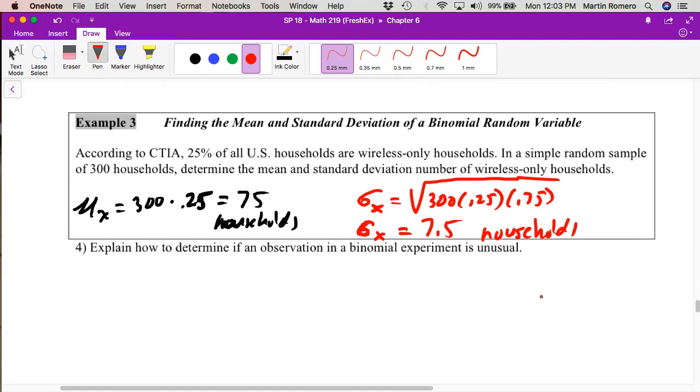Now, an important question is, why do we care about those values? Well, one way we apply the standard deviation and mean is through this question: how do we determine if something is unusual? If you observe something in a binomial experiment, is what we just saw unusual? Is the value we got something we would expect to see, or do we say that's unusual?